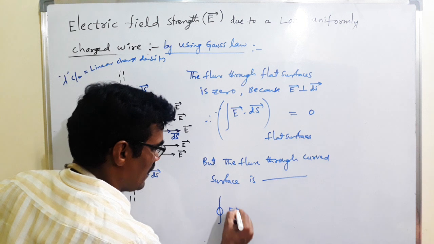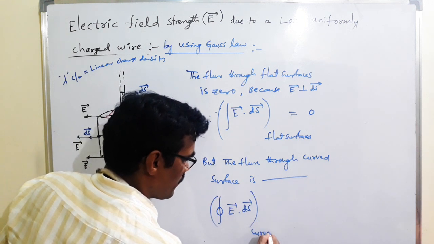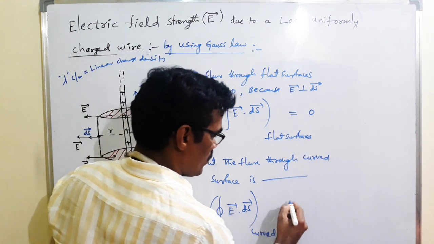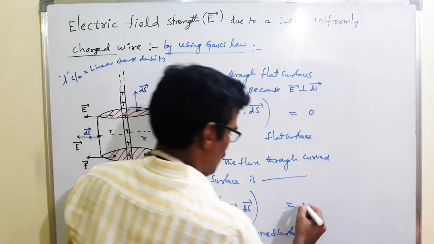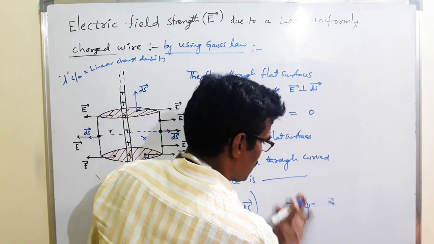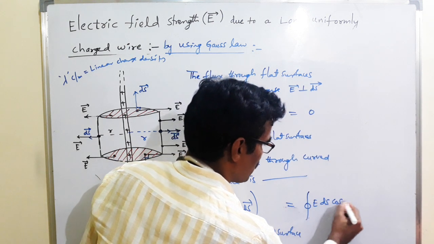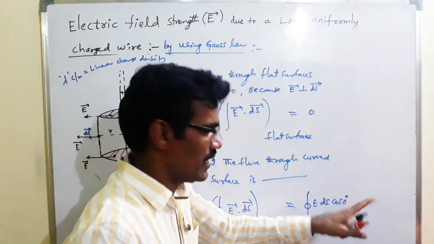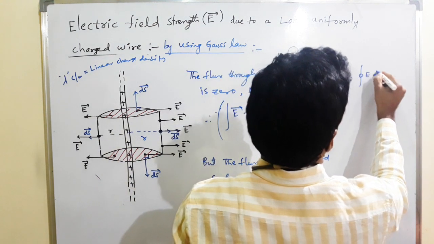Therefore, students listen carefully, the integration of E bar dot ds bar through the curved surface is the integration of E ds cos 0, because they are parallel to each other. Theta is 0, so it equals E ds.